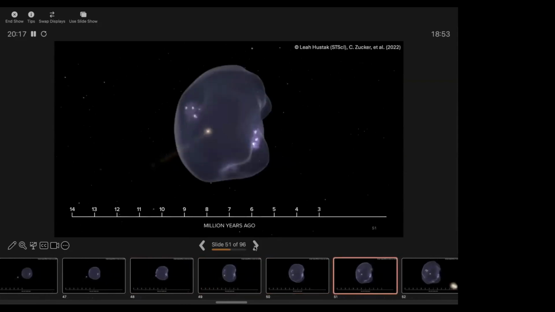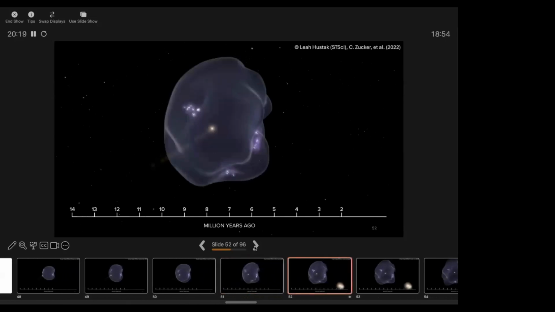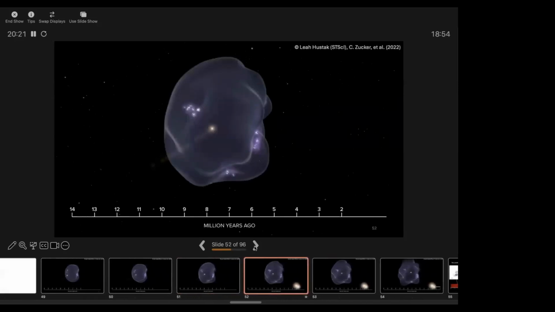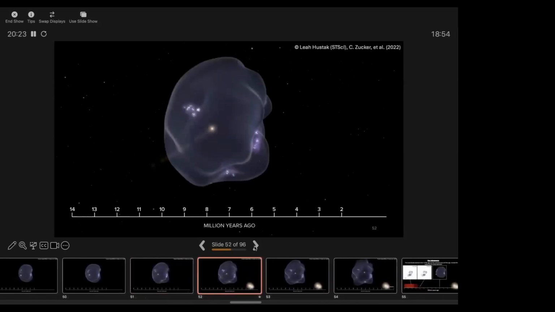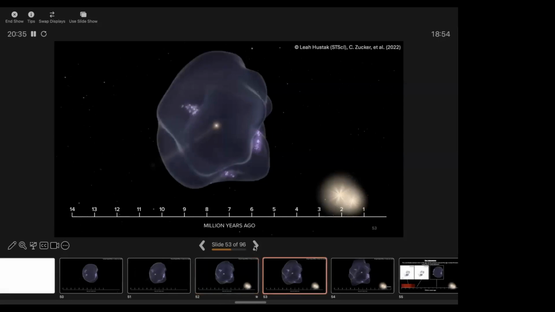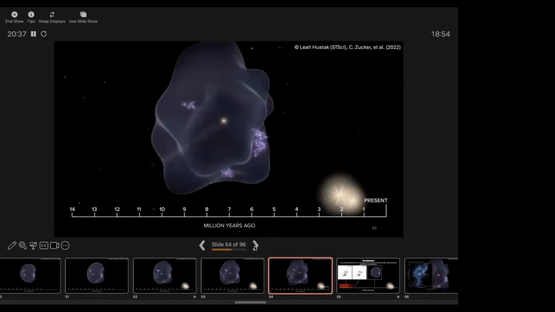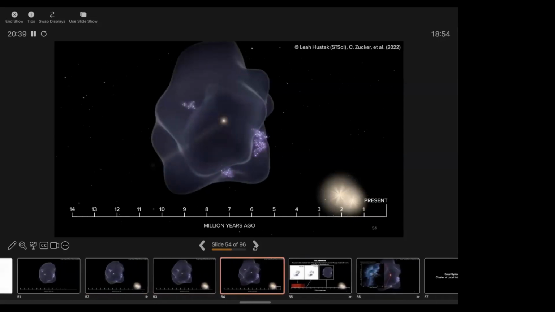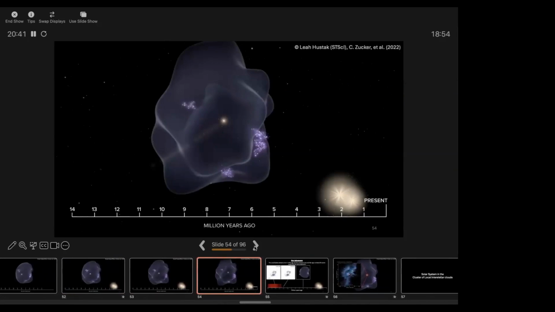And then it continues its journey through the local bubble, but since there are still stars in the local bubble, some of these stars continue to die, and some of these went supernova, and so they continue to inject energy and to power the expansion of the local bubble. And up to the present moment, the sun is essentially sitting at the center of the bubble.